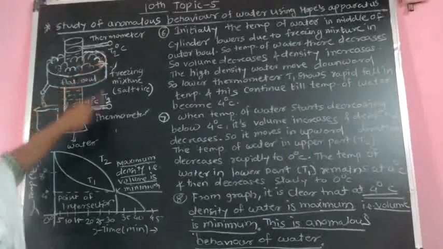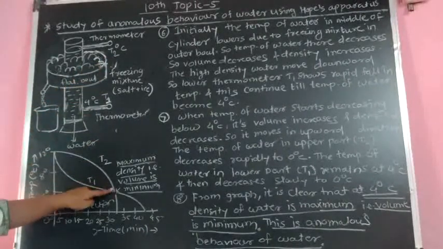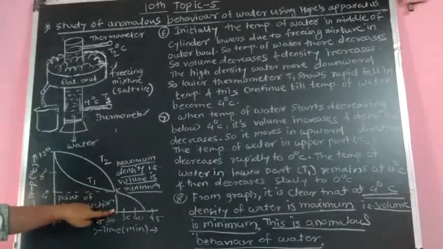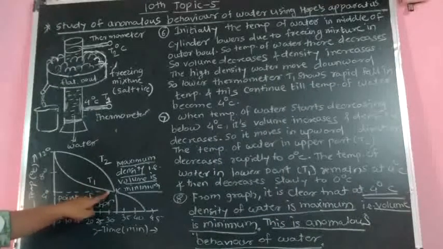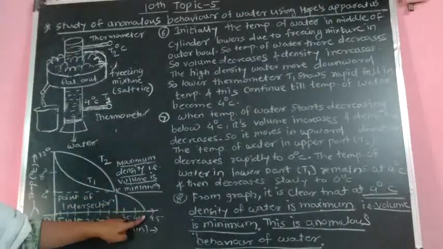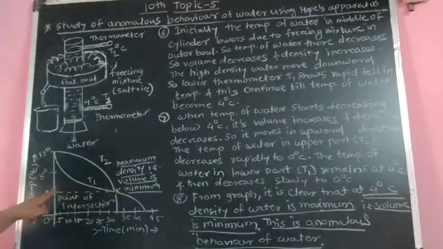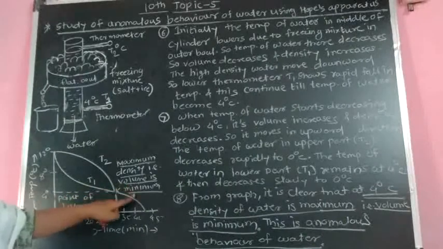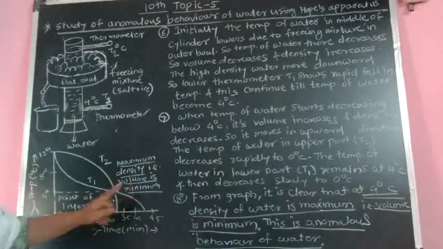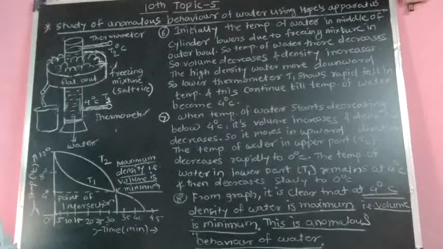It first records 0 degrees Celsius, and T1 decreases slowly and comes to 0 degrees Celsius. So, the point of intersection of both these graphs, present at 4 degrees Celsius, indicates the maximum density of water at 4 degrees Celsius. So, its volume is minimum at 4 degrees Celsius. It is called the anomalous behavior of water.